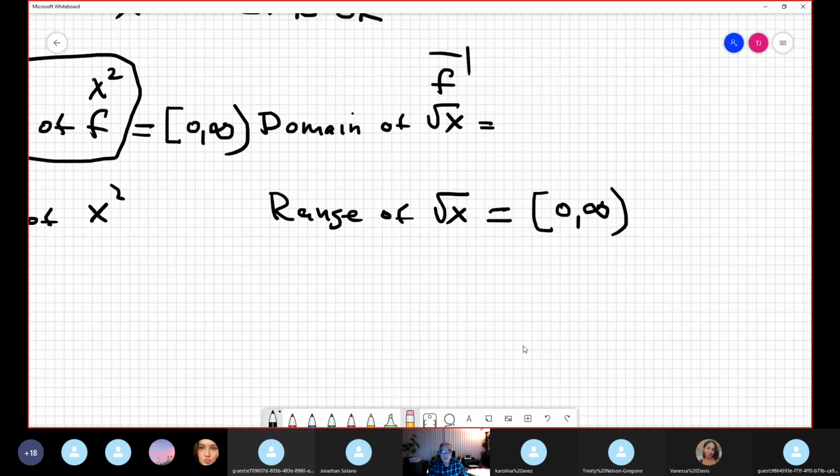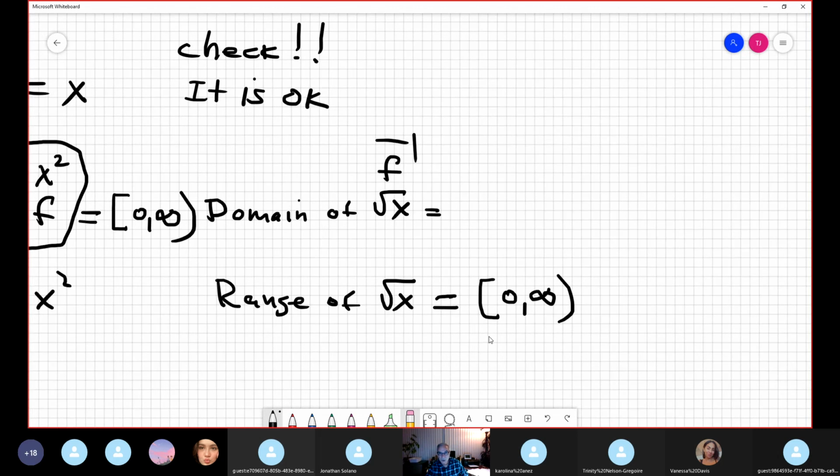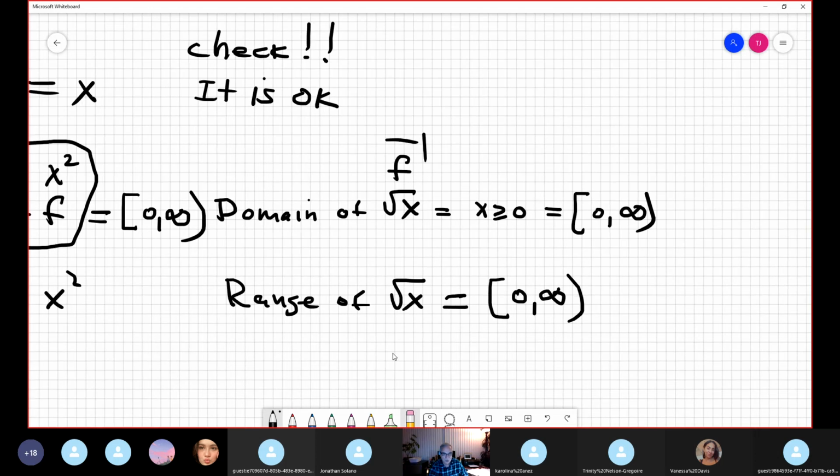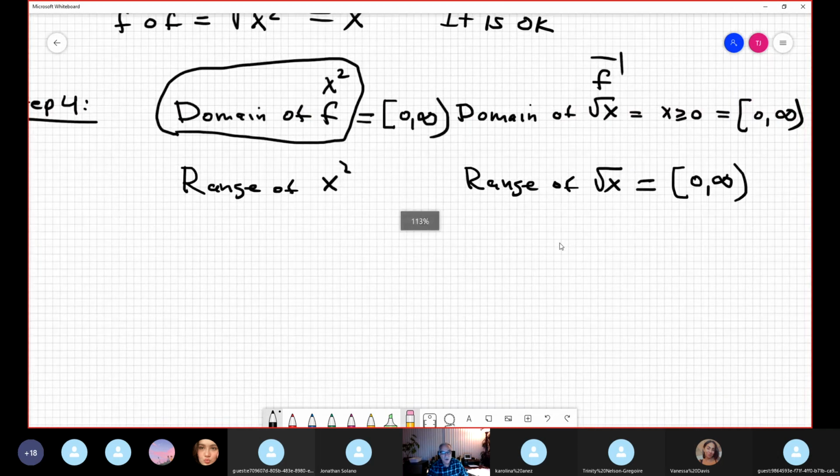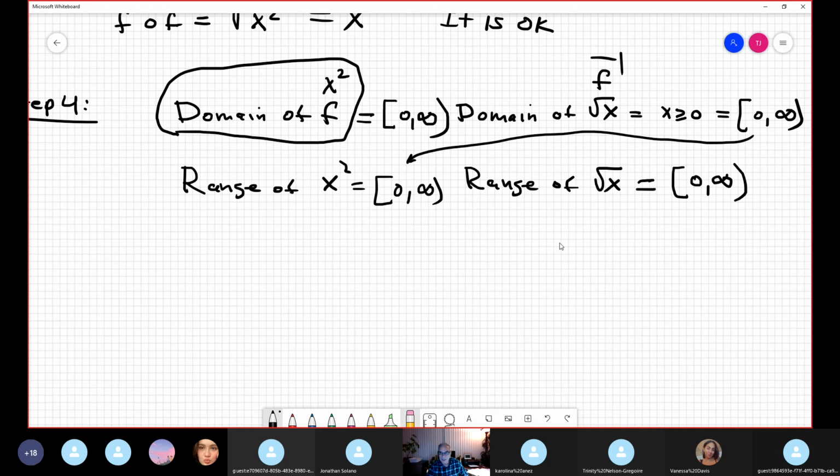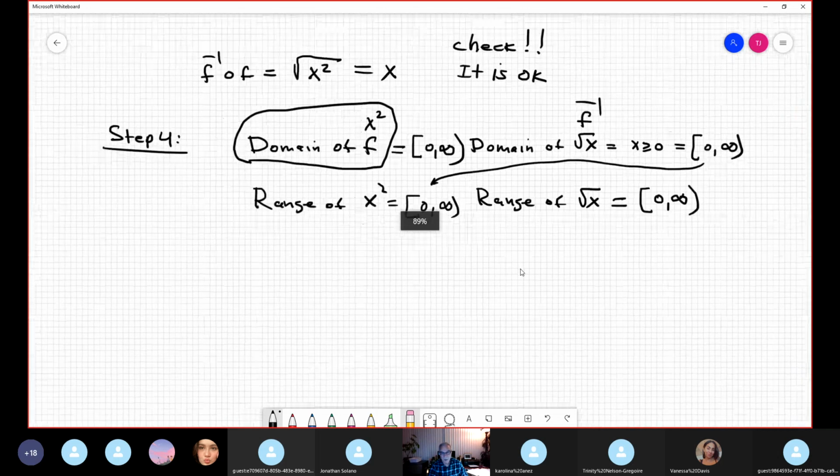It's easy for me because in the test one, when you have a square root, you take the expression inside and you impose that this expression is non-negative, because I know negative is imaginary. This is equivalent in interval notation to bracket 0, infinity. And this is exactly the same as the range of x squared by definition. Then, professor, is it always the same? No, not always. In the two examples we're doing today, yes, but it doesn't always happen in this situation.